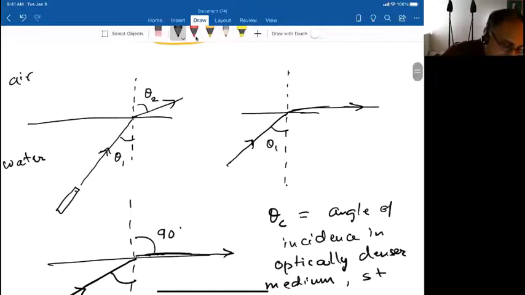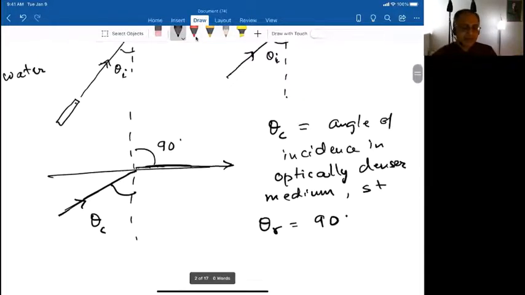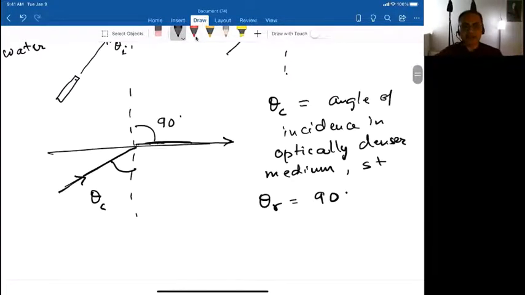I'll call these θi and these θr. Such that the angle of refraction is 90 degrees, or the refracted ray is just grazing the surface. That clear to all of you? So that is called the critical angle.